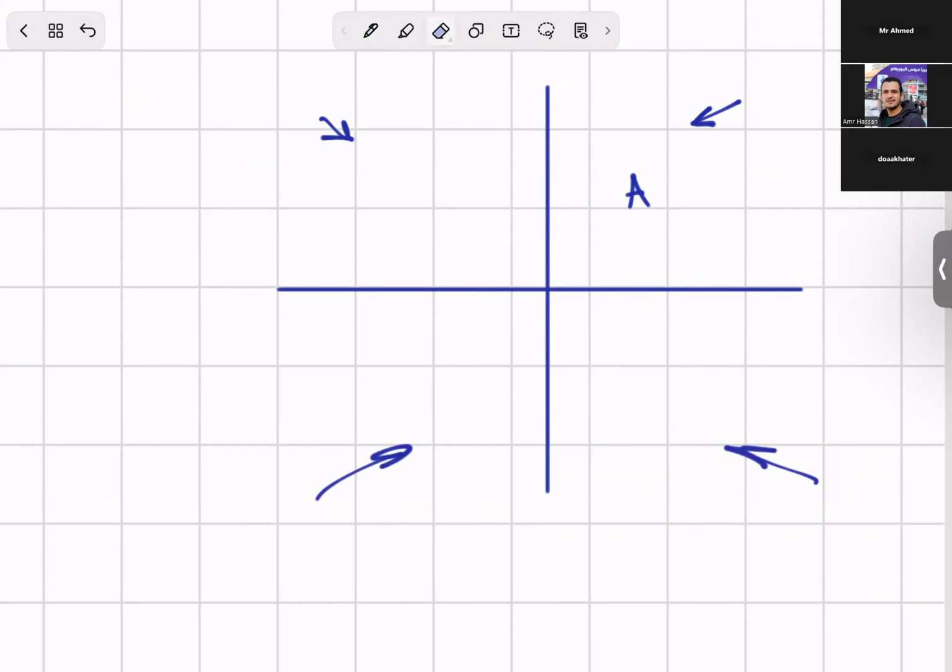A stands for all trigonometric functions in the first quadrant are positive. Even if you try to find sine, cosine, tan, or even the reciprocal, still positive in the first quadrant, right? But what about the second quadrant? In the second quadrant, only a couple of things are positive. The sine, let me write it.